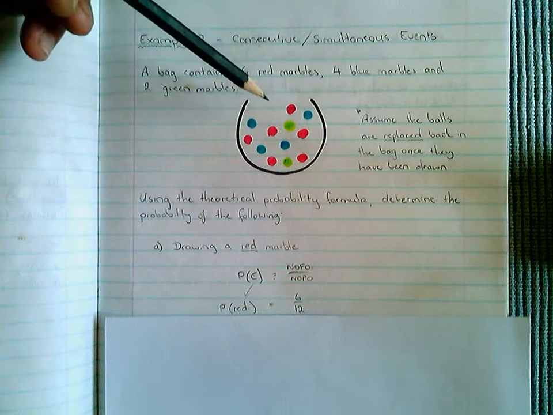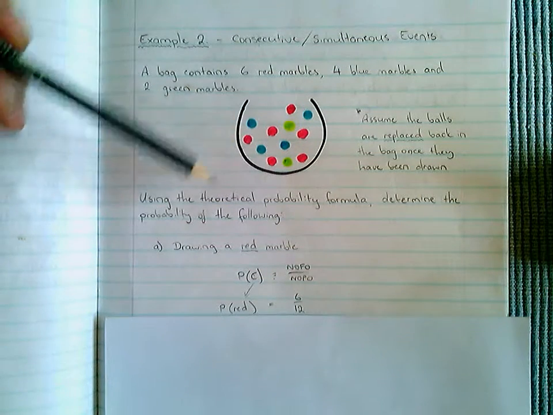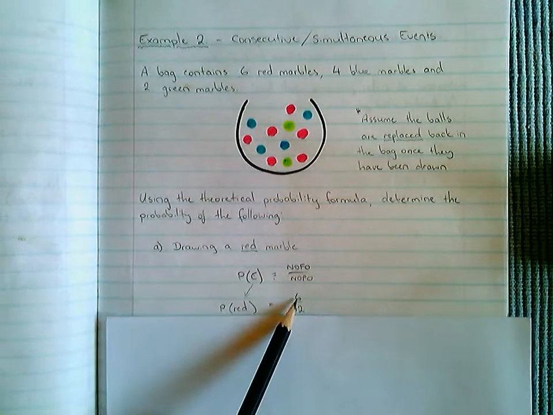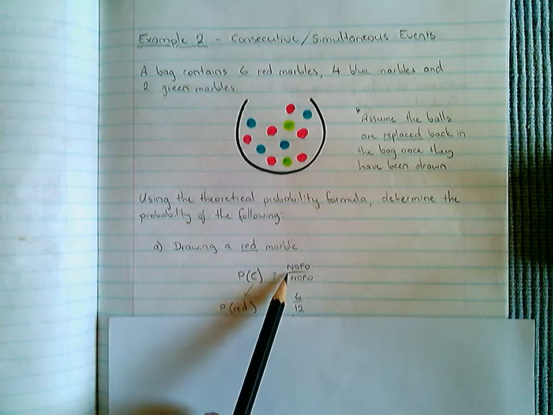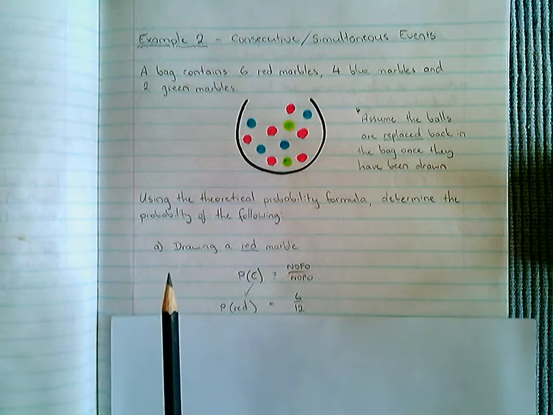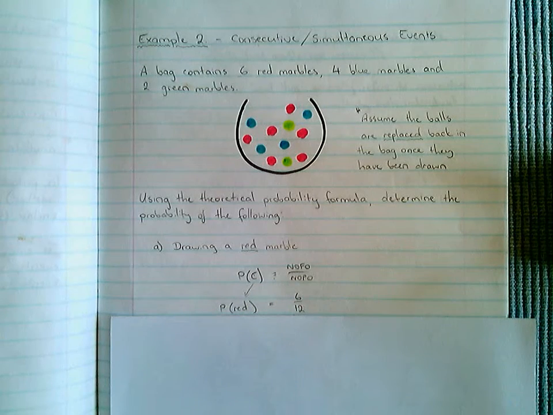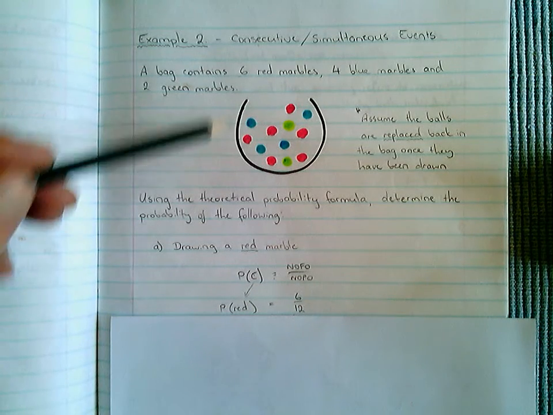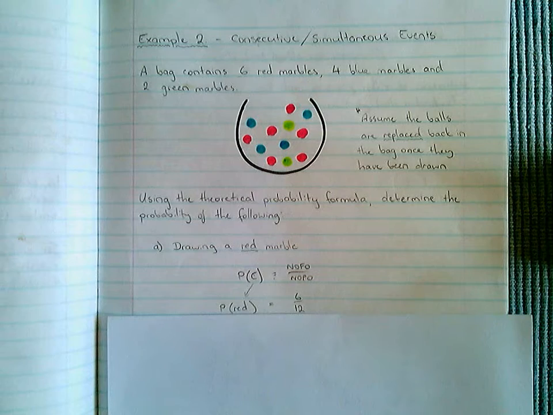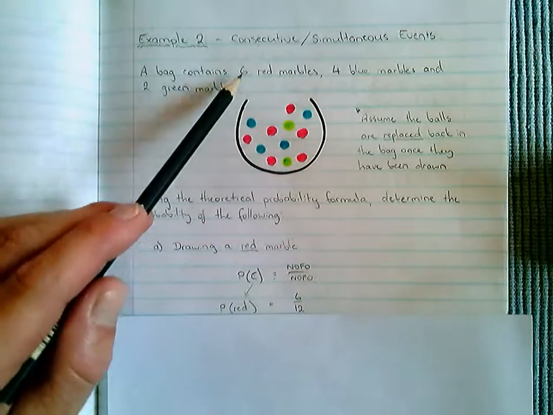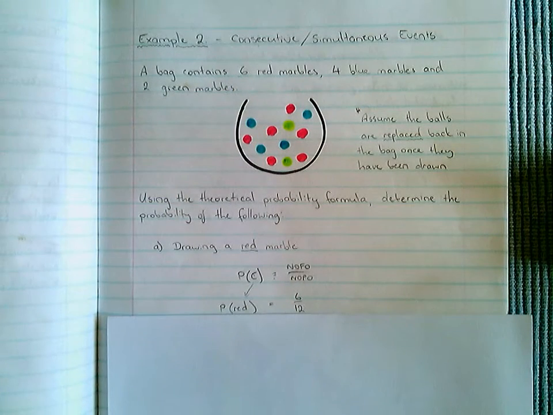So we go ahead and count 1, 2, 3, 4, 5, 6, or you can read 6 in the question. Thus we have 6 as a numerator. We then need to draw in this vinculum, and our number of possible outcomes refers to the total number of marbles in that bag, which is, if you count all the balls in the bag, you should get 12, or you can add the 6, the 4 and the 2 to get 12.